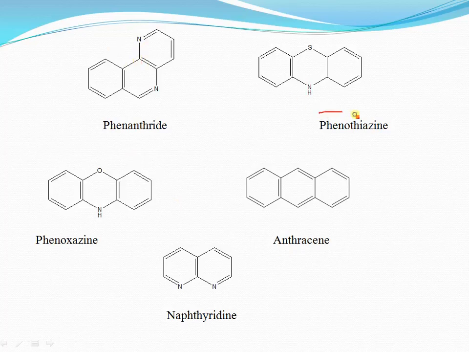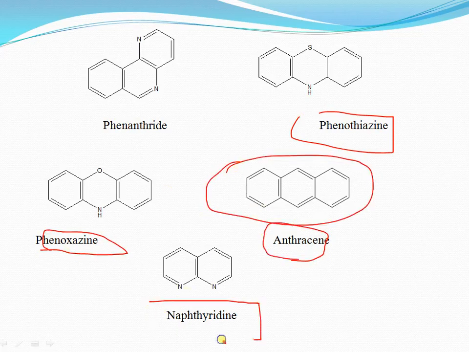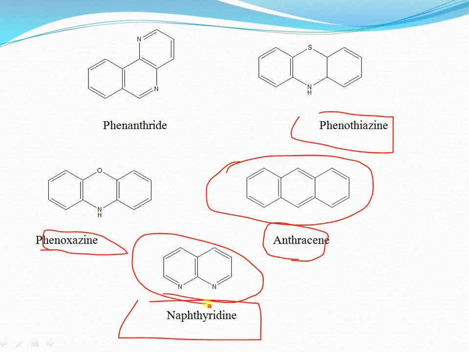Pyridine is there. Phenothiazine, phenoxazine, anthracene, naphthyridine. Naphthyridine is present in quinolone antibacterials. It is phenothiazine. This is regarding the introduction of all types of heterocycles, from 3-member to 8-member with fused ring systems.